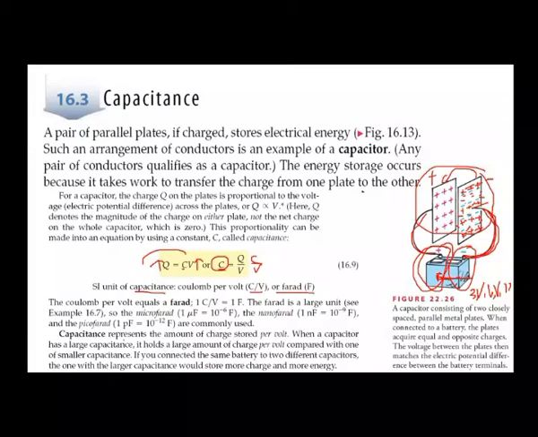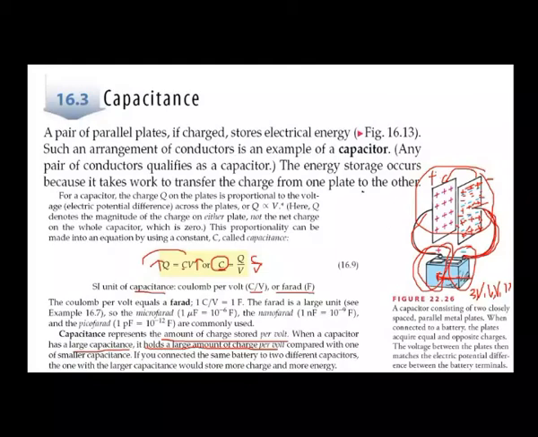So capacitance represents the amount of charge stored per volt. So when a capacitor has large capacitance, it holds a large amount of charge per volt. If it has a large capacity, it could hold large charges, then it will have large capacitance. And if it has less capacitance, it can only hold less charge per volt.